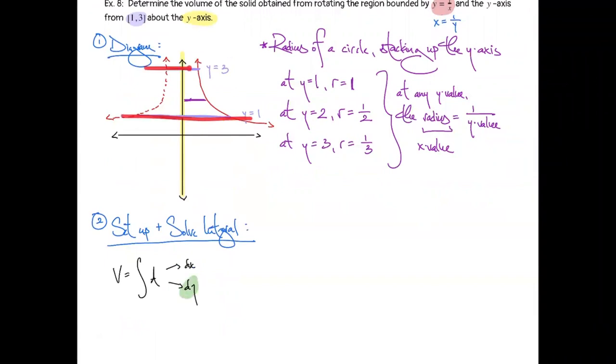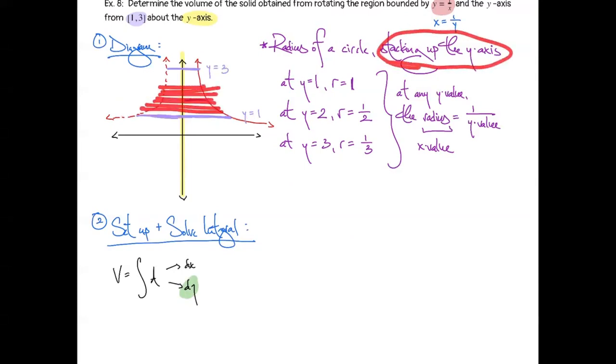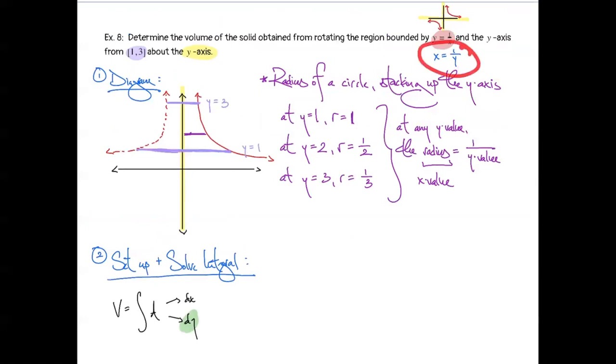The bounds they gave us were y values. That's one clue. I'm stacking these circles up the y-axis. That's another clue. I could rewrite my equation so it's x equals. That's another clue, right?